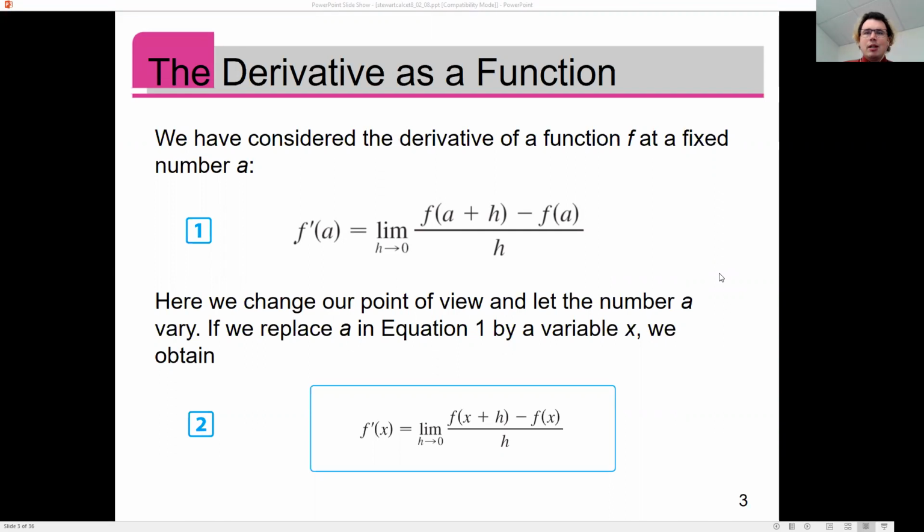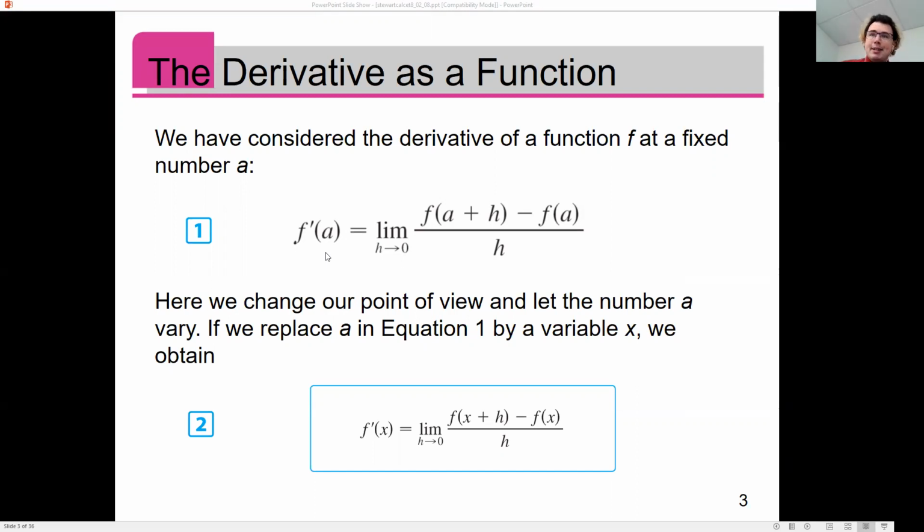Now, we've already seen that this limit can produce different values depending on what number a I'm evaluating it at. So functions which aren't just flat lines can have different slopes at different coordinates.